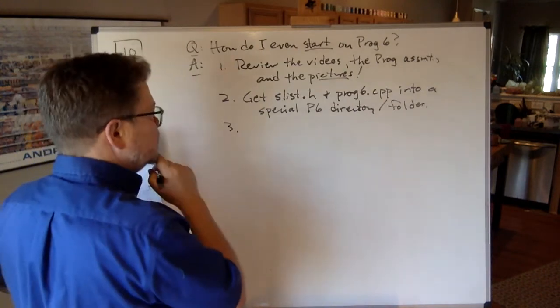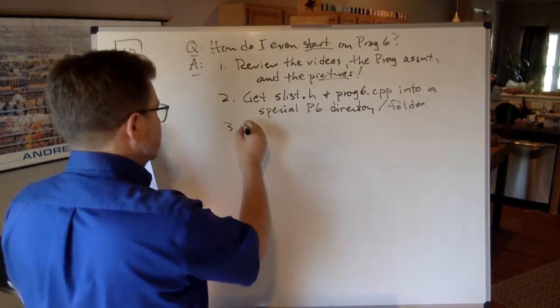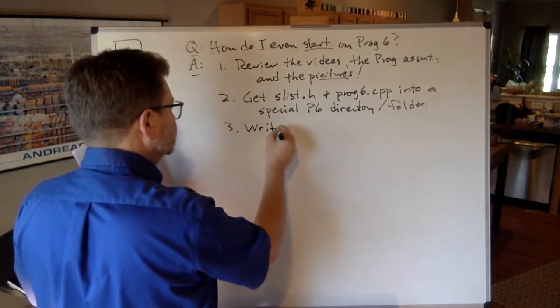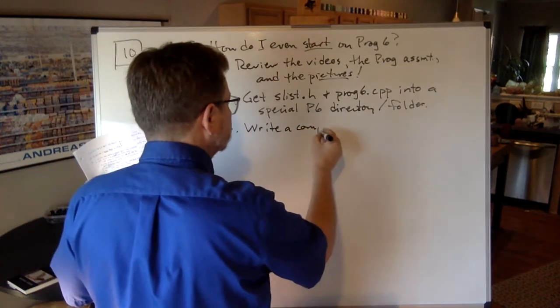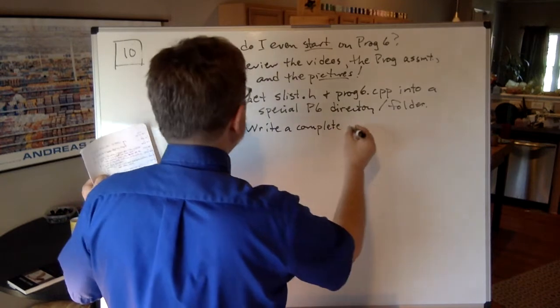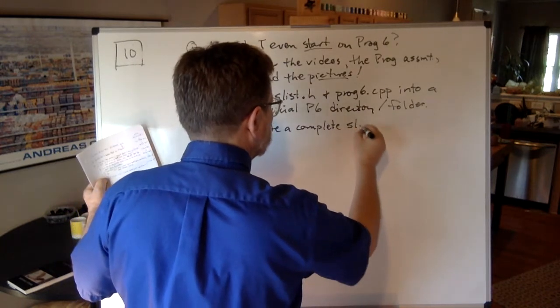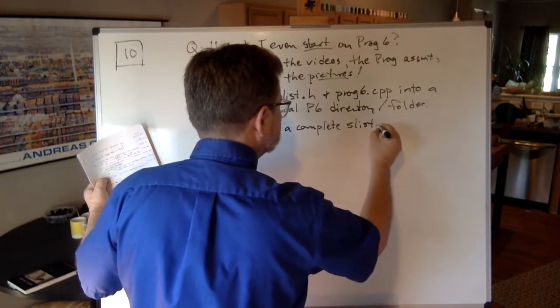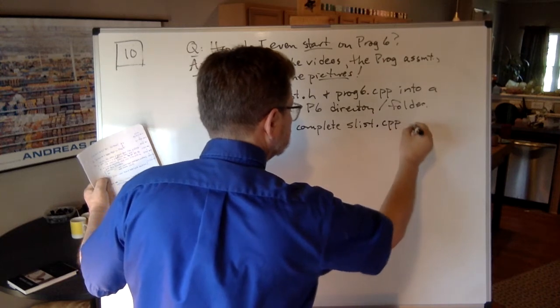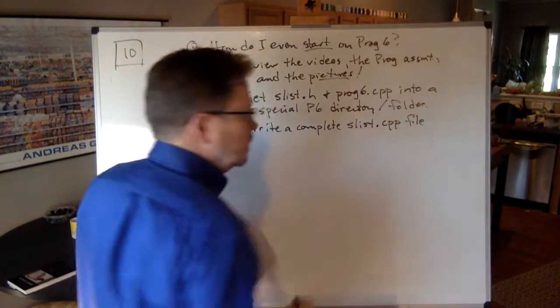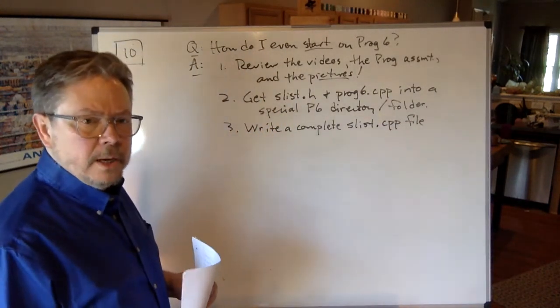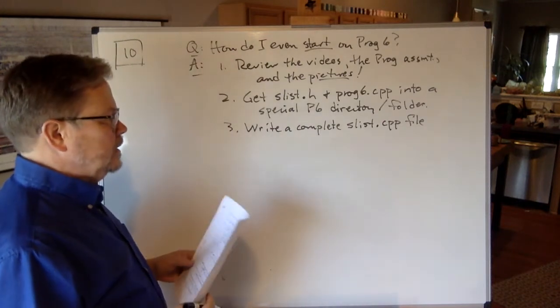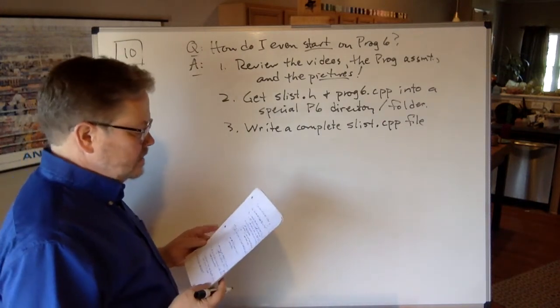3. Now here's really everything else is leading up to this. Write a complete slist.cpp file. Well, duh, that's the whole assignment. You write that, you've implemented the linked list class, and you're done. Except, I'm not done.